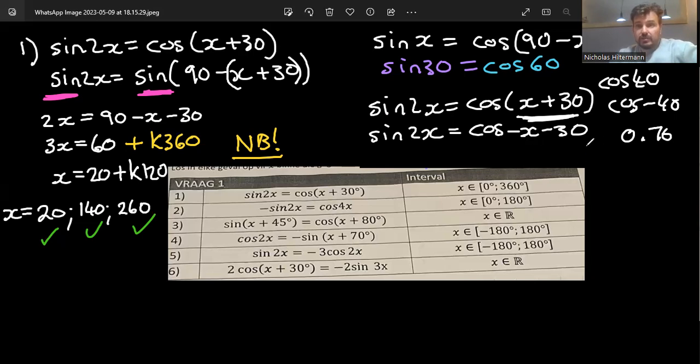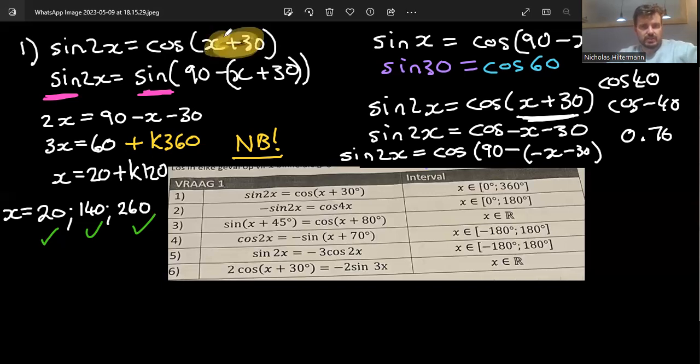Okay, good. So we see that the cos yields two answers because the positive and the negative of this are the same. So I can say that this is sine 2x equals cos of 90 minus x minus 30. This is a bit confusing, but let me try and highlight.